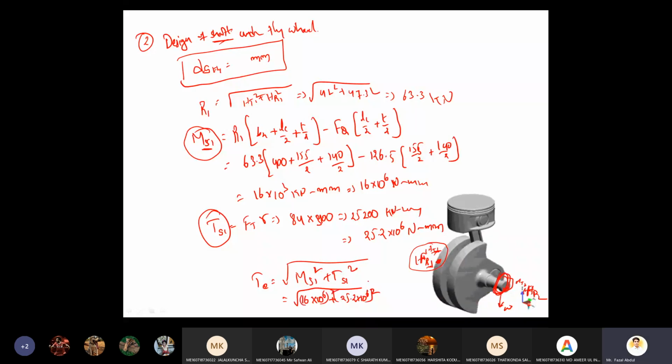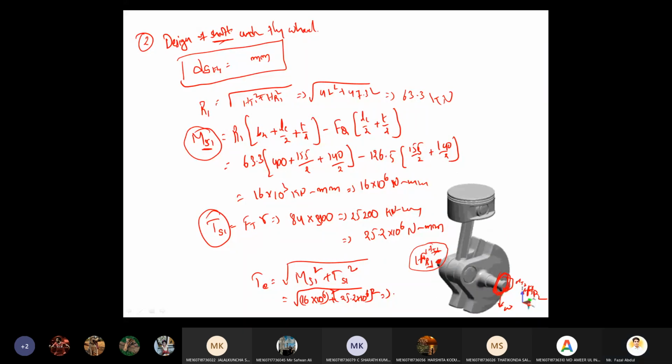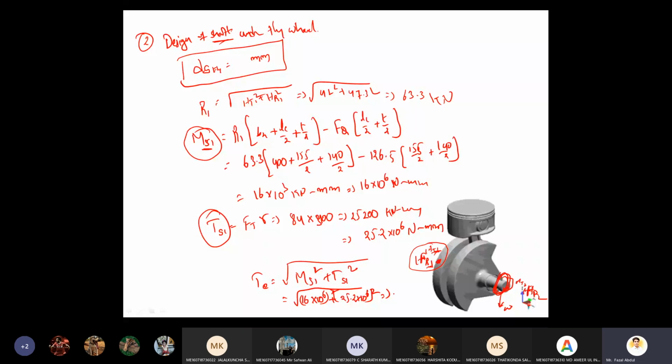Now how much is this one? 16 into 10 to the power of 6 whole square plus 25.2 into 10 to the power of 6 whole square. So here I am writing 29.85 into 10 to the power of 6 Newton mm, that is equal to TE.